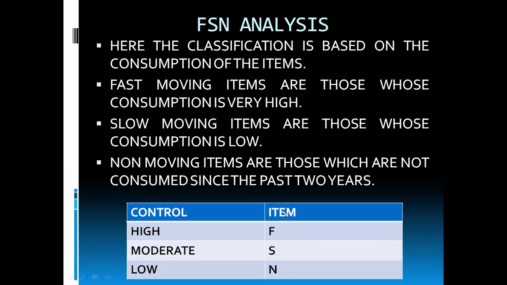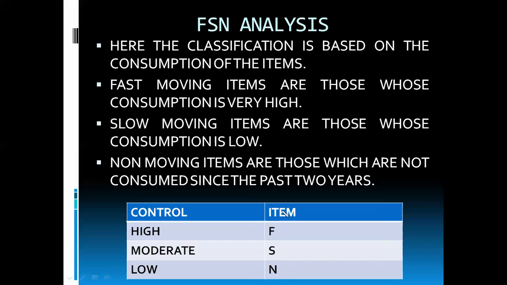Like in an inventory or in a warehouse or in a company, there would be items which are frequently required or frequently moved out, items which are not moved out so frequently, and items which would be least frequently moved out. So this classification is based on the consumption of the item or issue from the stores. Fast moving items are those whose consumption is very high.